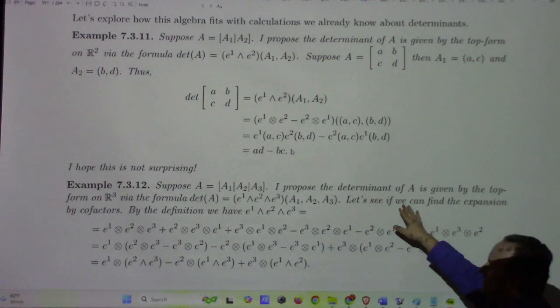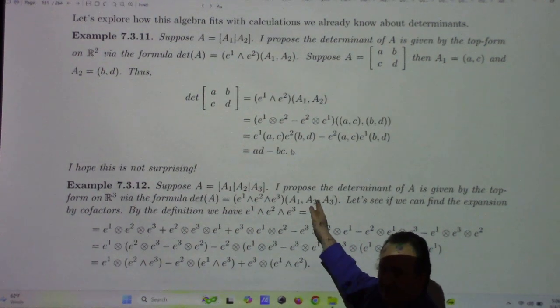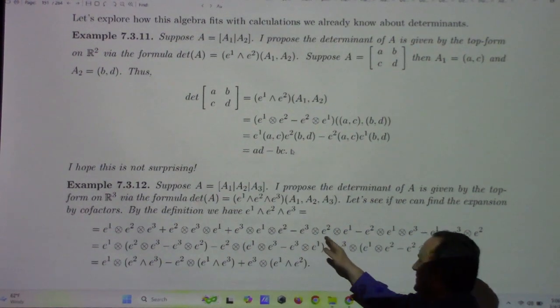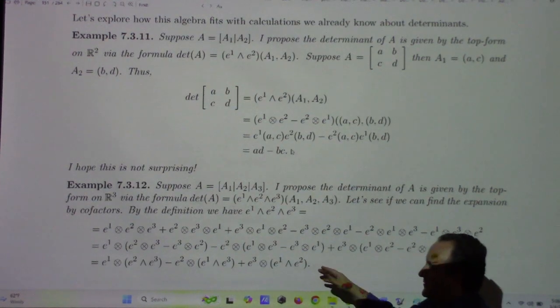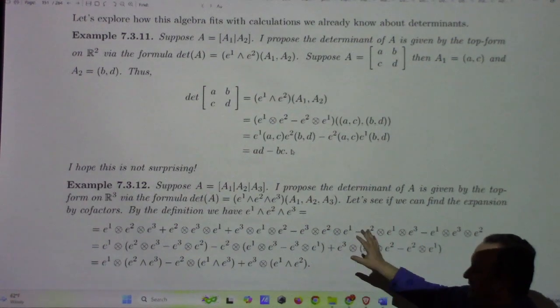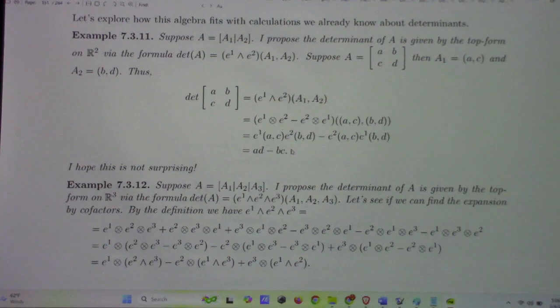Here is the 3x3 determinant, which would be e1 wedge e2 wedge e3 acting on 3 columns. That gives us many more terms, and if you regroup them, you can actually sort through these things and discover cofactor expansions by regrouping the wedge product.